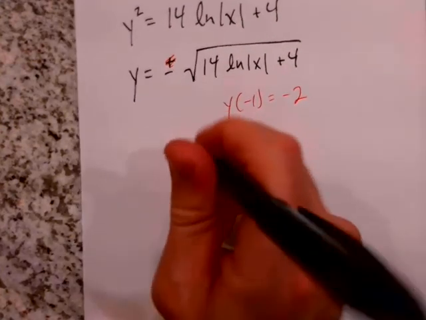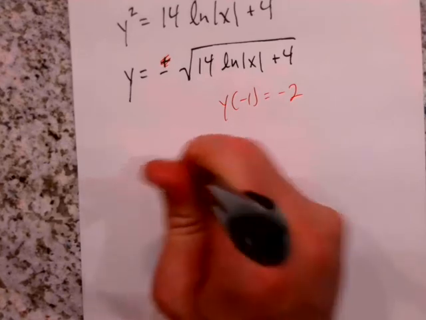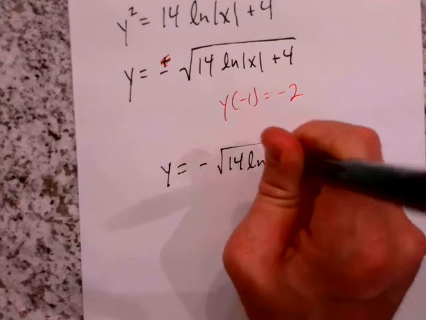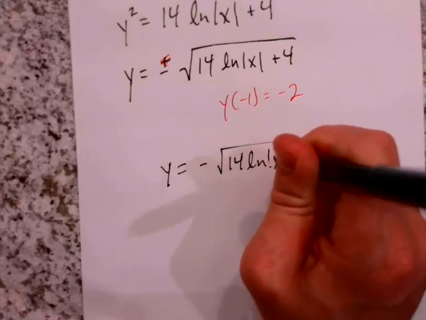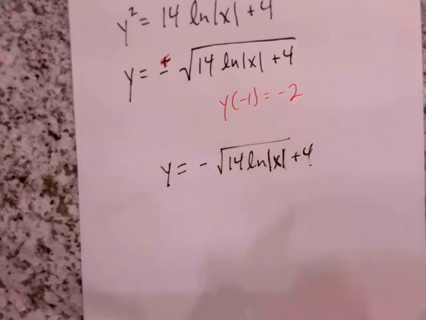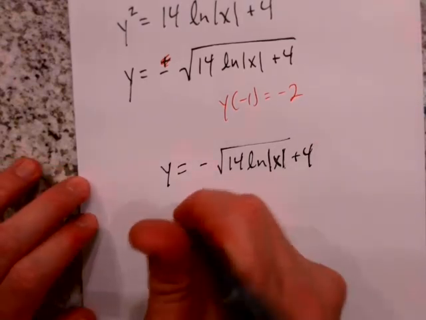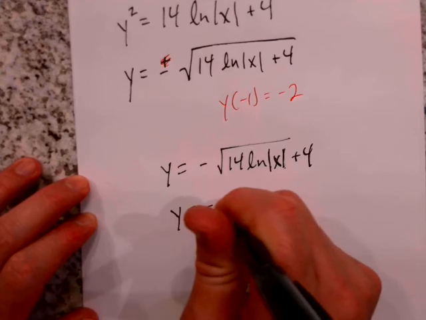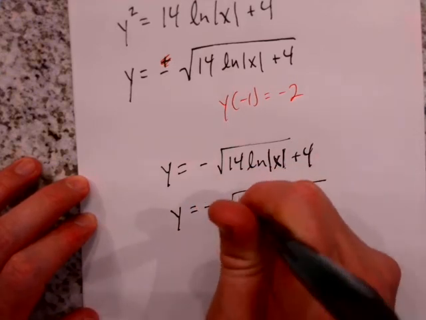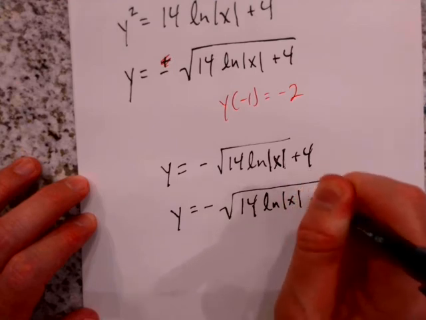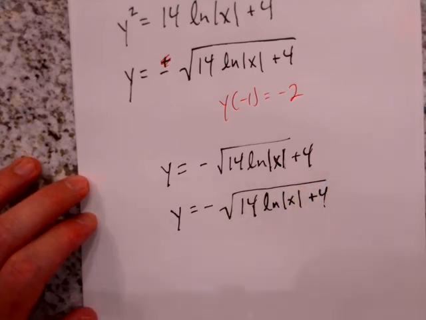So our solution is y equals negative root 14 log absolute value of x plus 4. Let me write that again, because my pen isn't doing too hot. There you go, that's written out better.